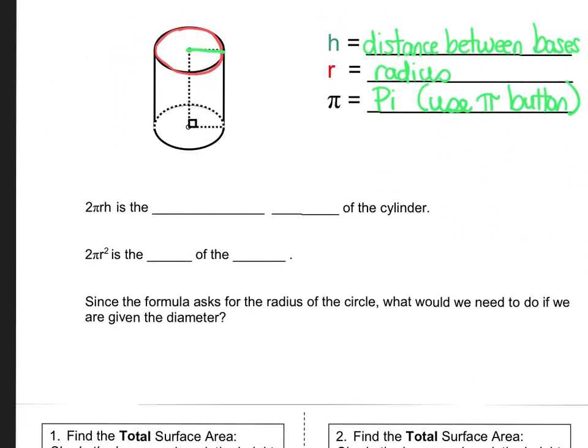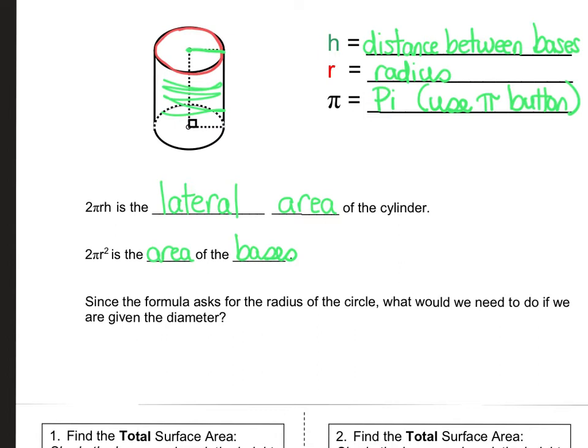So 2 pi rh, that first part of the equation, is the lateral area of the cylinder. That is all the sides. 2 pi r squared is the area of the bases, the two circles. Since the formula asks for the radius of the circle, what would we need to do if we were given the diameter instead?